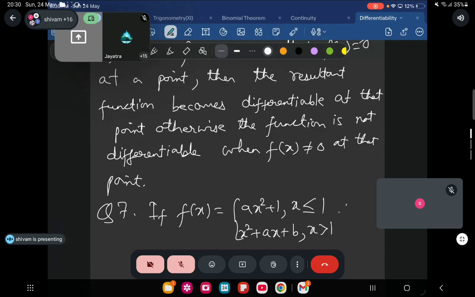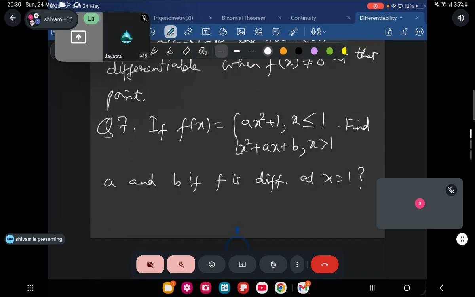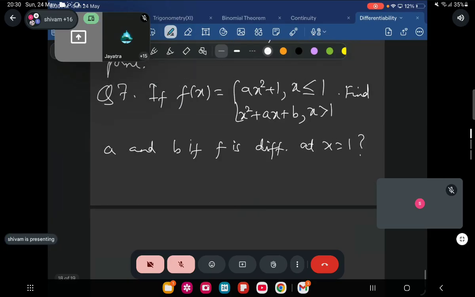Find a and b if f is differentiable at x equal to 1. Should I solve? No. Quickly solve. This is the last problem.